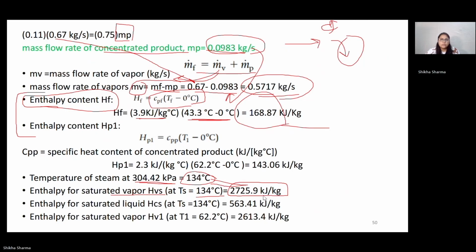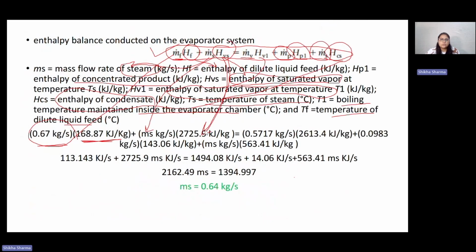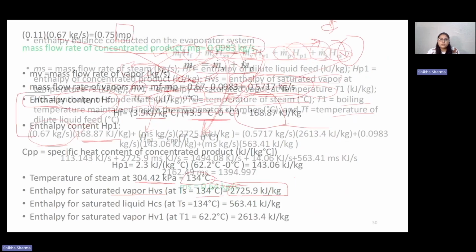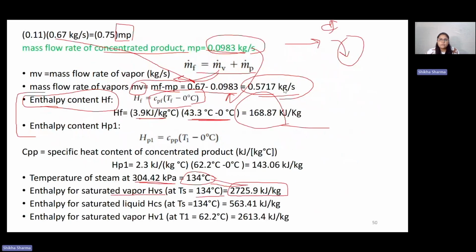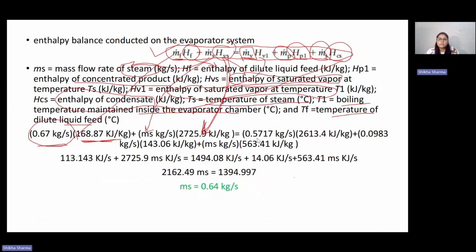This is then multiplied by the mass flow rate of the vapor stream, which is MV. So MV we already calculated, 0.5717. We put that here into its HV1, which is its enthalpy.